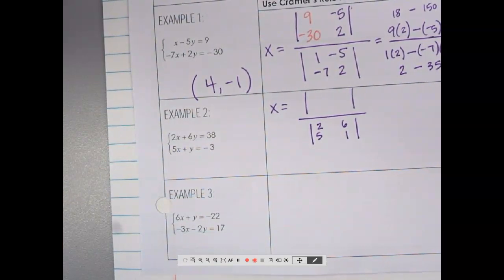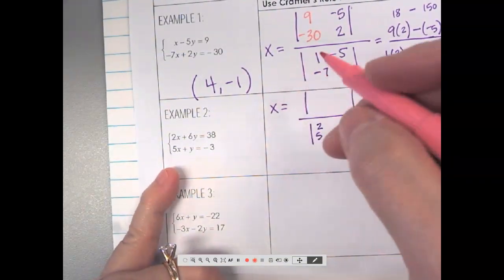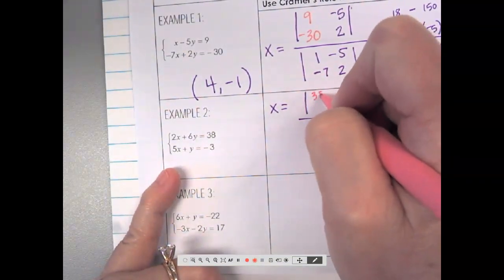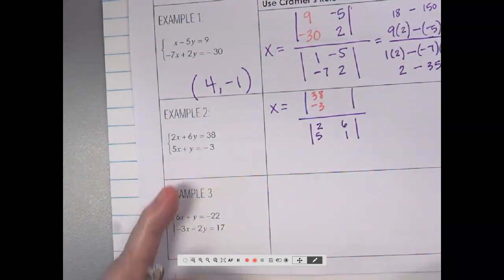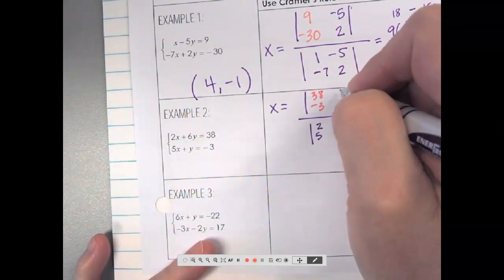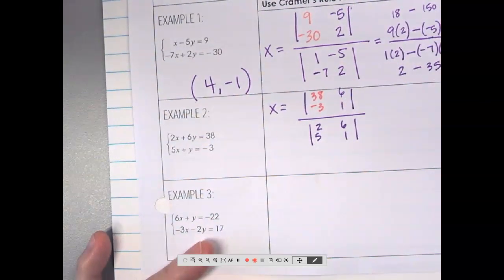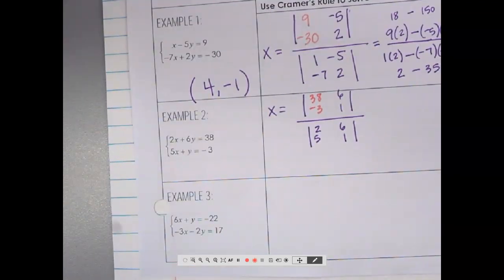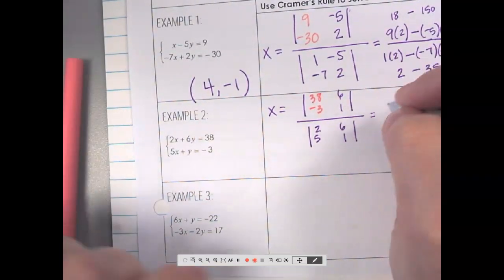But in the numerator, whichever variable you're solving for, you kick out that coefficient. So I'm kicking out the x coefficients, replacing them with the constants, keeping the other coefficients. Does everybody see where I'm getting those? Okay, and then we just simplify that.